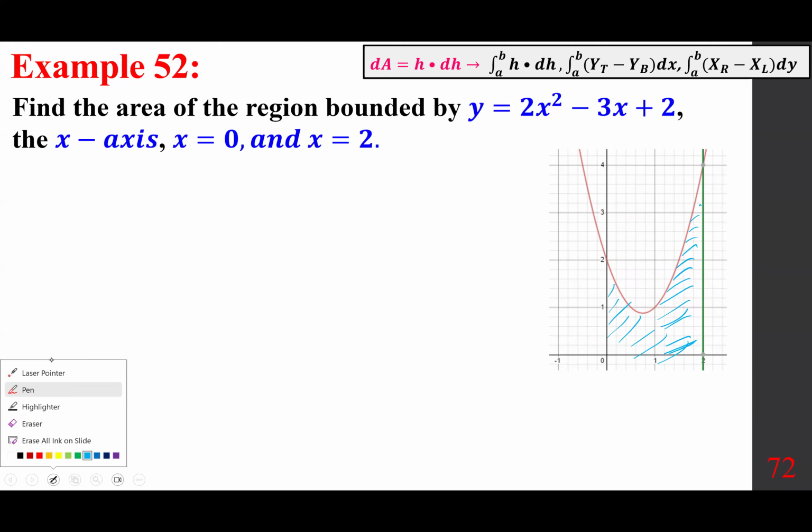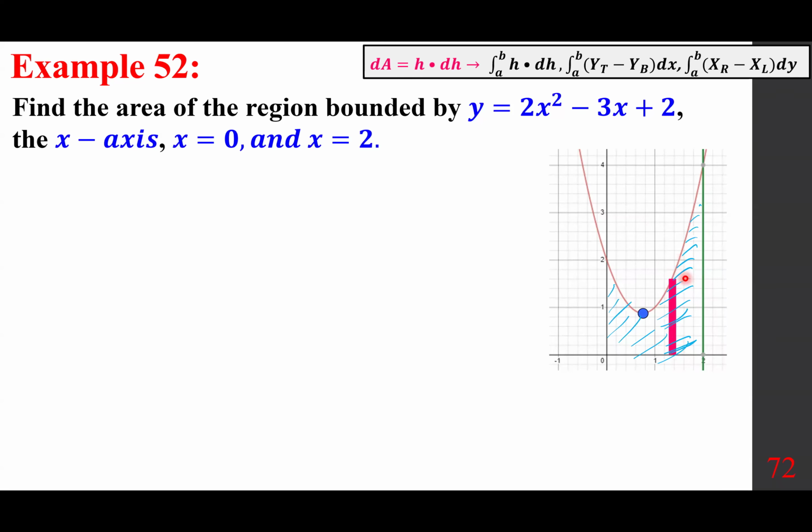So all you have to do is find an increment of area. And this is, by the way, the vertex. An increment of area, again, is very thin, class.